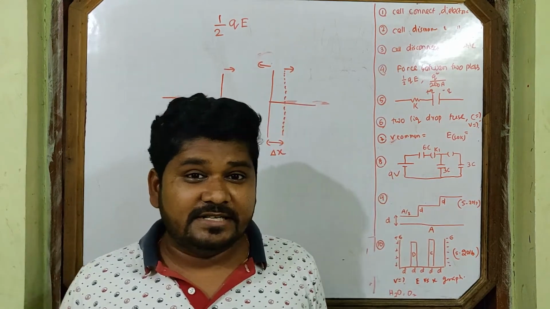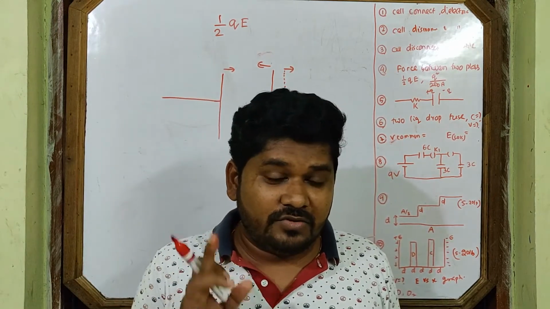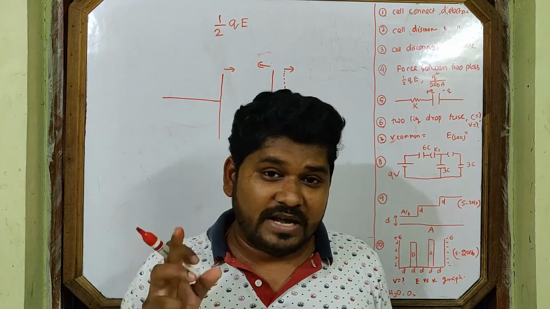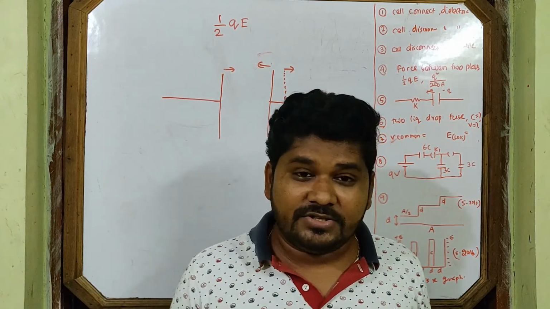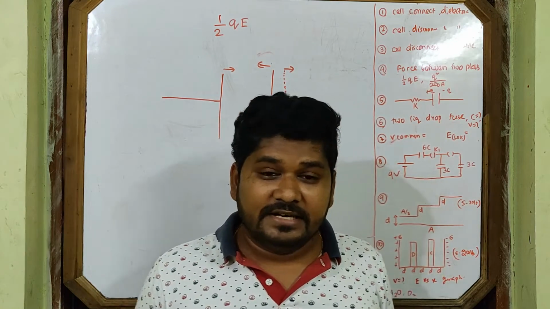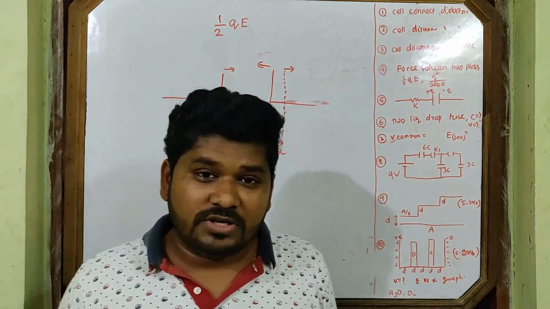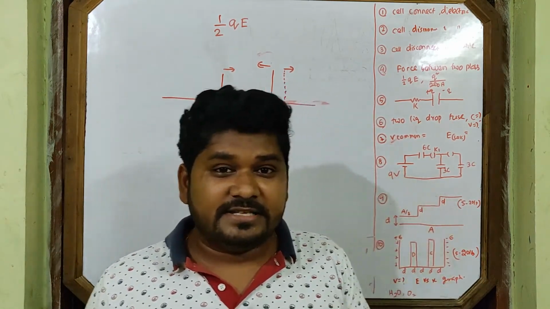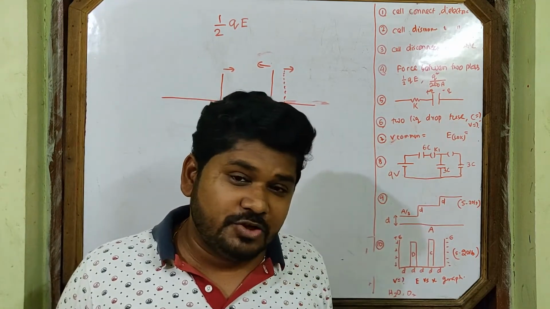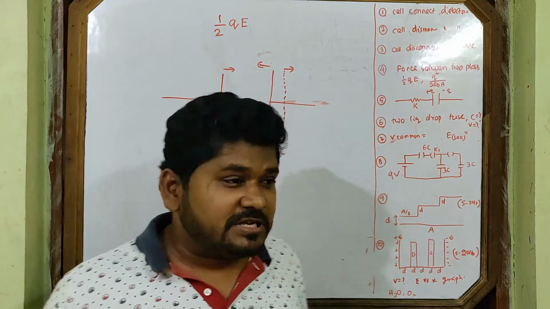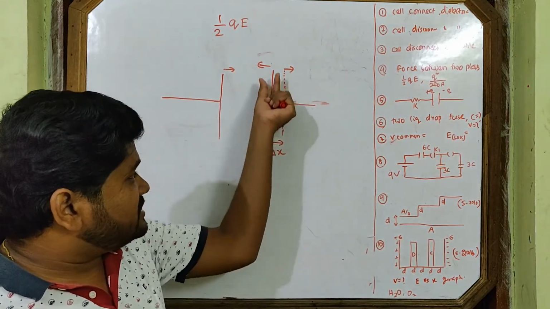When the external agent does some work, I have told you, when you do something against a force, the work done is stored in the form of potential energy. Here also, however much work you did, that work is stored in the form of potential energy. What was the potential energy and now what is the new potential energy? How much separation did you increase? You increased this much separation.